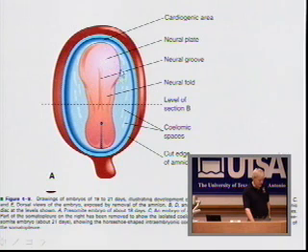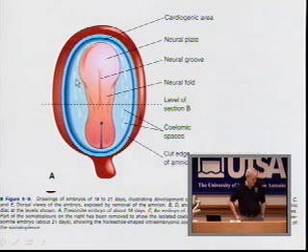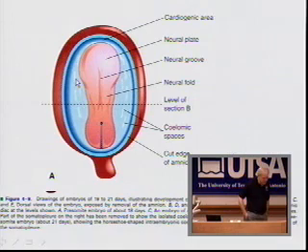So the neural plate is another term for these thickened cells before the groove becomes accentuated with the establishment of the neural fold. There are some spaces actually beginning to develop in the extraembryonic mesoderm, and these are becoming some of the coelomic spaces.